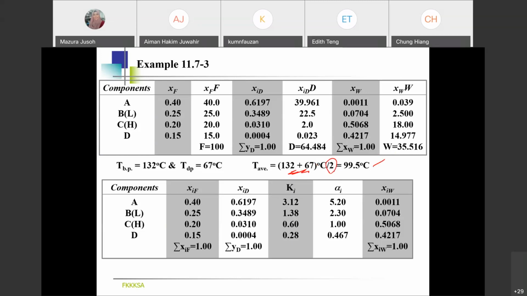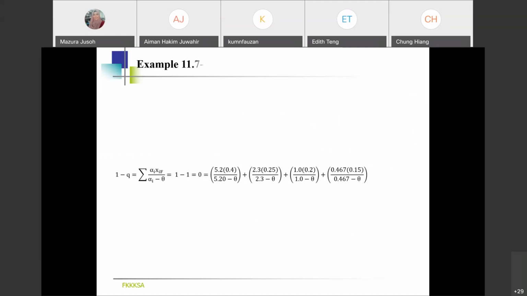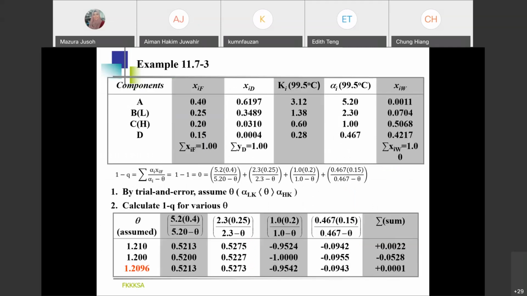With this 99.5, you go to see the K values, and from the K values you calculate the alpha values. These are all the K values at 99 point something that you calculated as the average value in between. Now you use this formula.